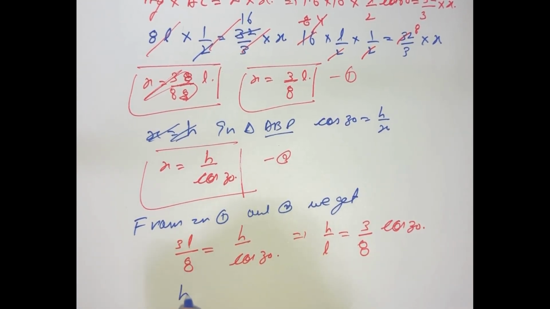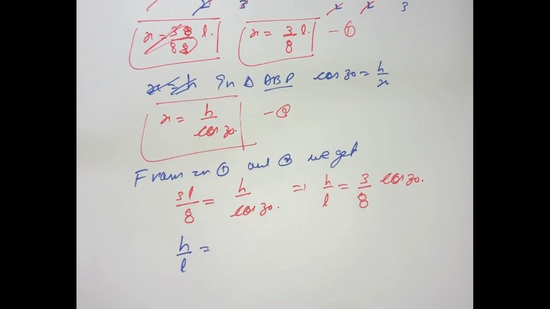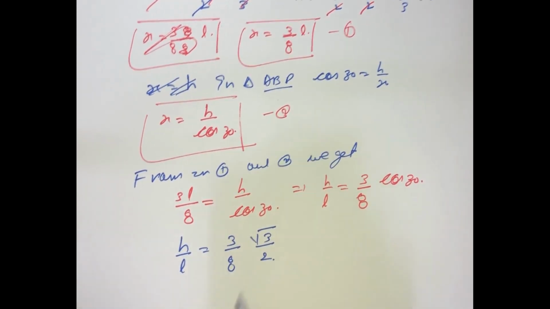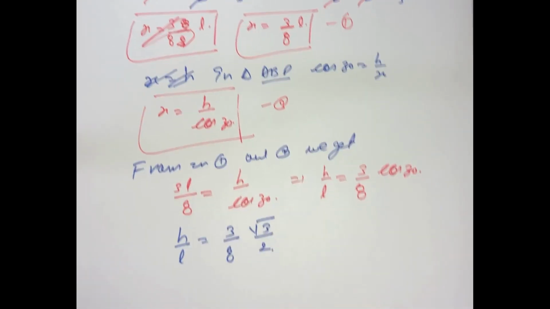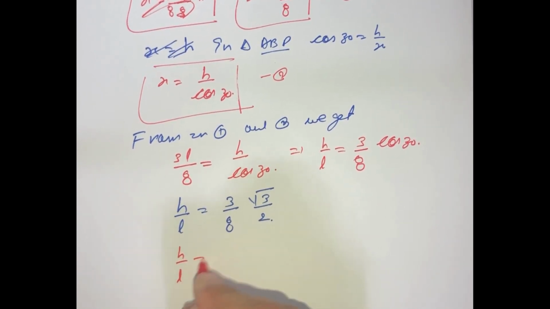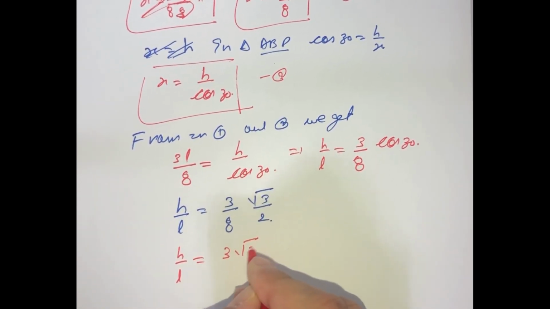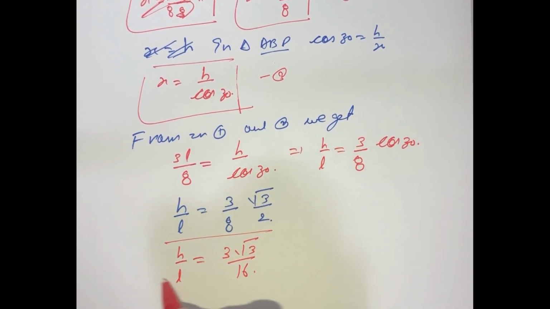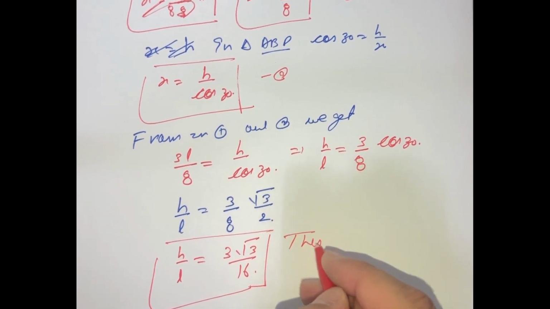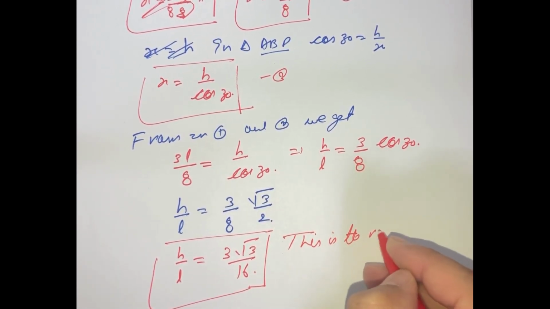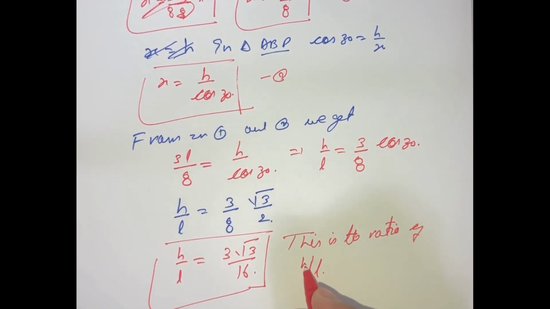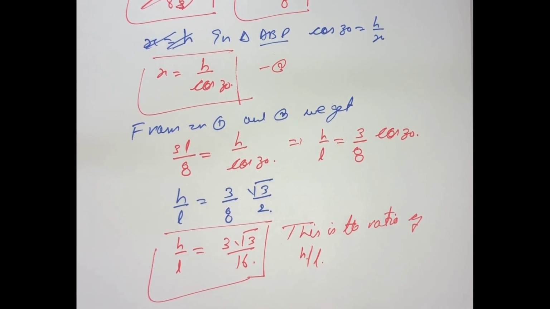So we can say h upon L is equal to 3 by 8 root 3 multiplied by 2, and this gives us h upon L is equal to 3 root 3 divided by 60. So this is the ratio of h upon L. So this completes the question. Thank you.